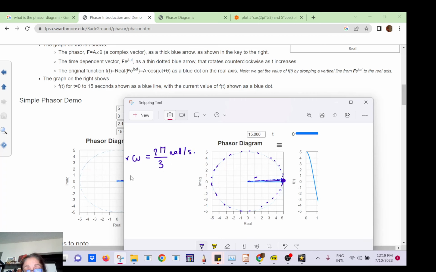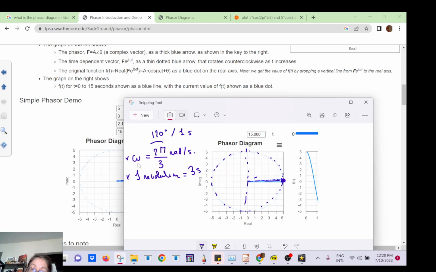So it's going to take 3 seconds for one revolution, right? So in 1 second, it's covering 120 degrees.